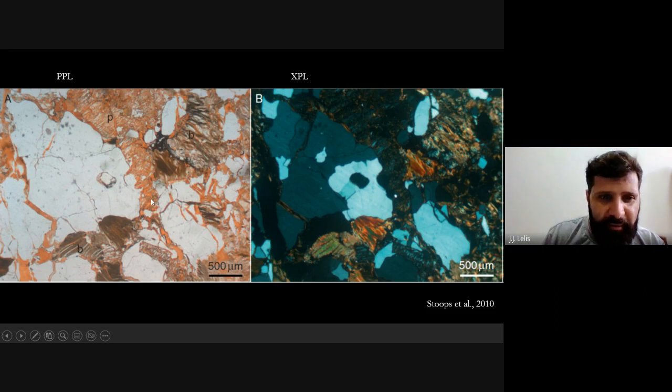These red and orange layers here are composed of clay that was formed by the weathering of these feldspars. And you can see here that we have a rounded, very smooth surface that was formed by the weathering of these materials.